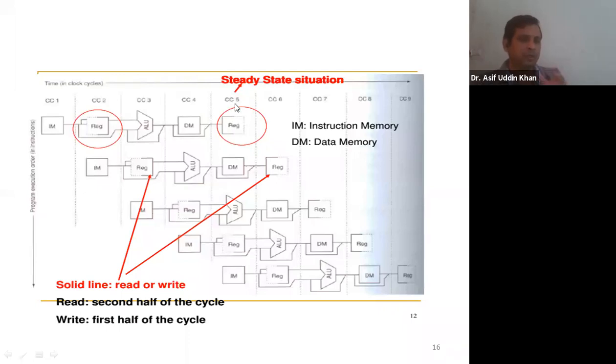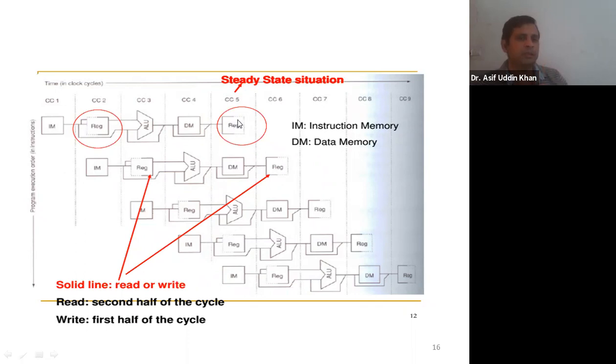The whole clock cycle is not used for writing the register; only half is used. That's why the second half is dotted and the first half is dark. So the write operation is always done in the first half of the clock cycle, and the read operation is done in the second half.